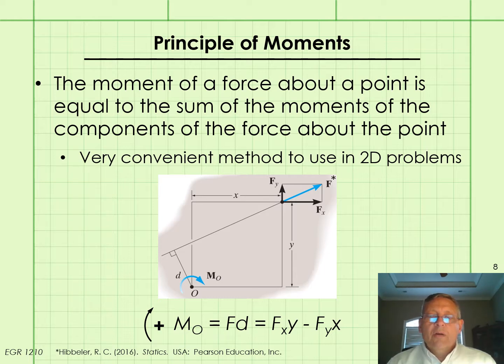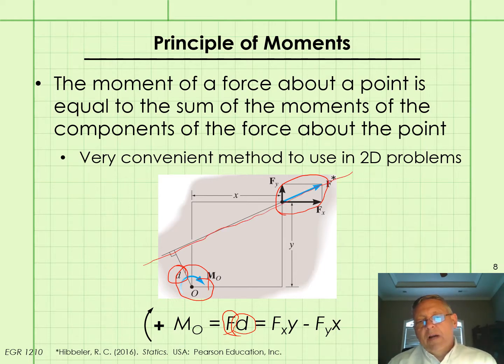So we learned previously that the moment of some force F about point O, using scalar techniques in 2D, is going to equal the magnitude of F times the perpendicular distance D from point O to the line of action of F.